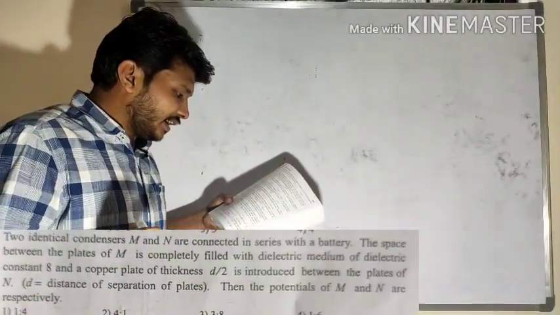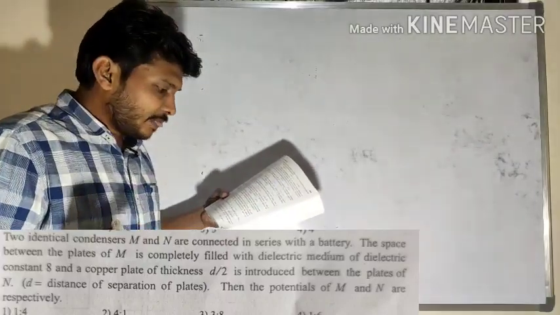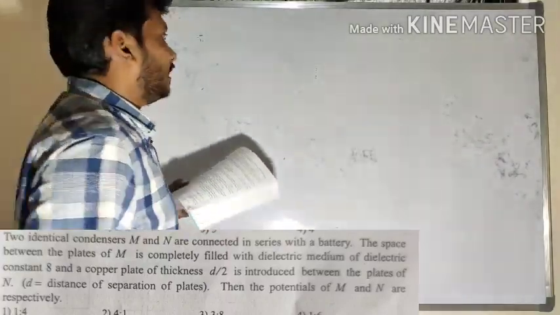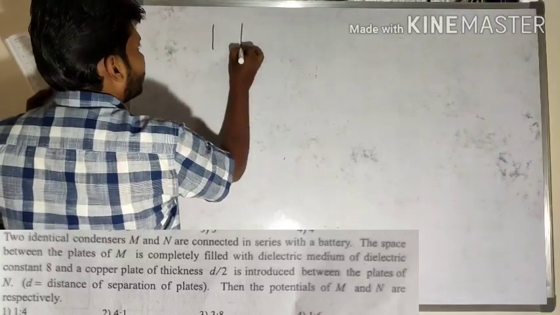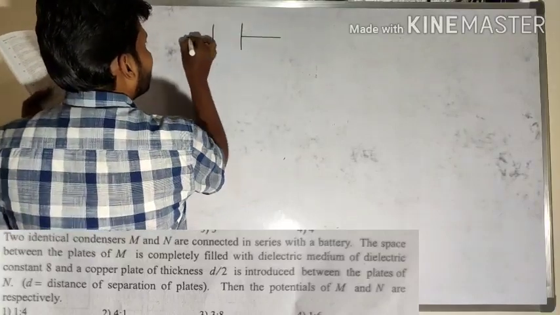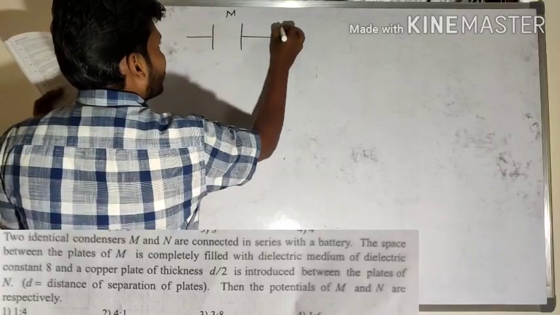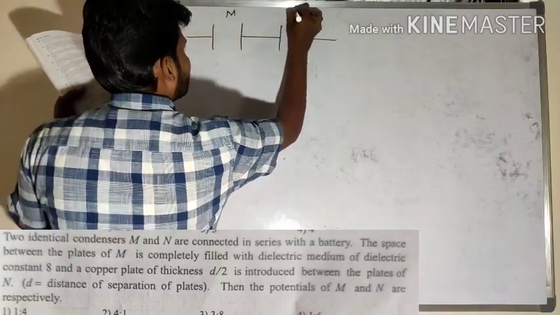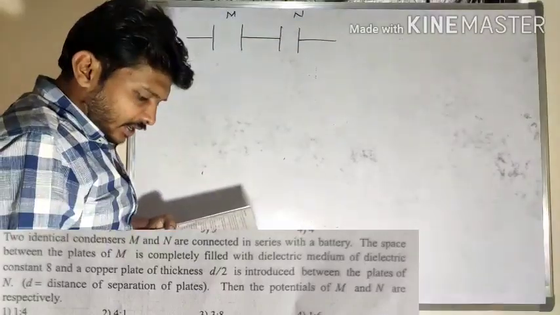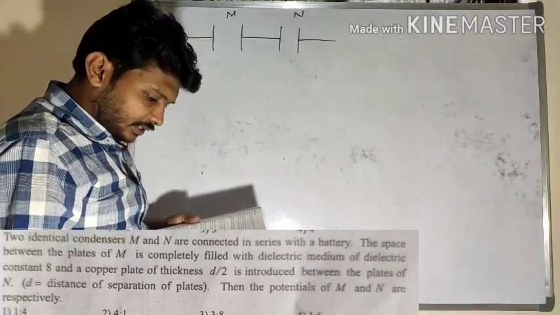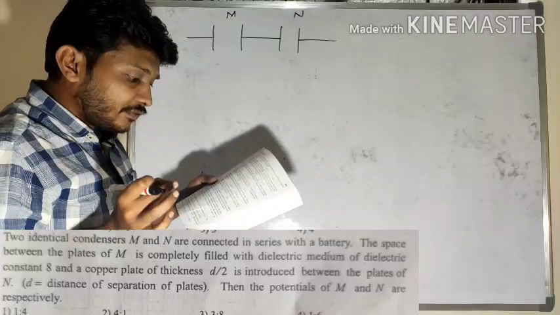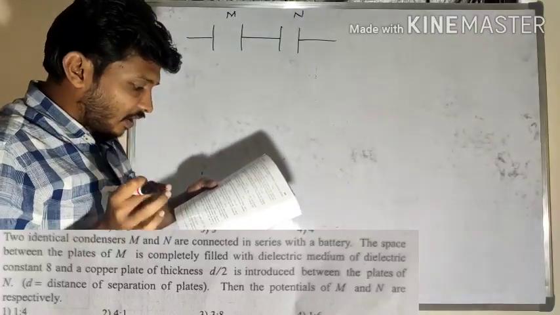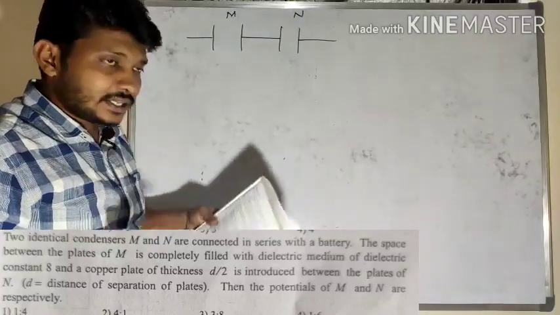Two identical condensers M and N connected in series with a battery. For example, this is M and this is N here. The space between the plate M is completely filled with a dielectric medium of constant K equal to 8 here.